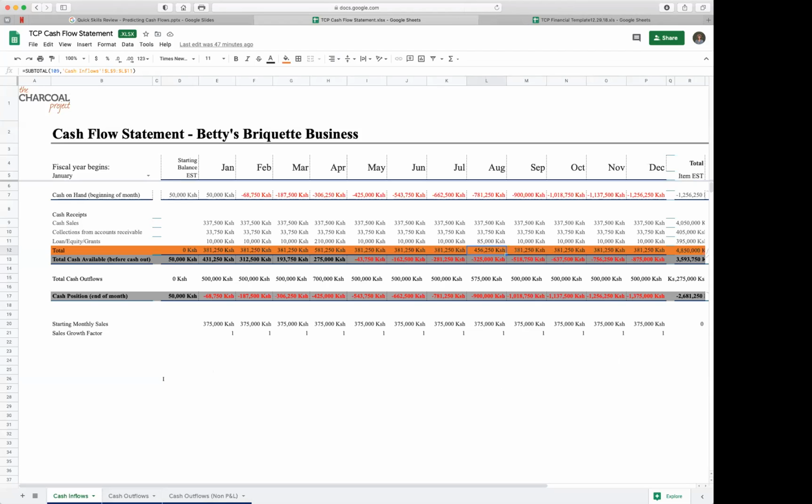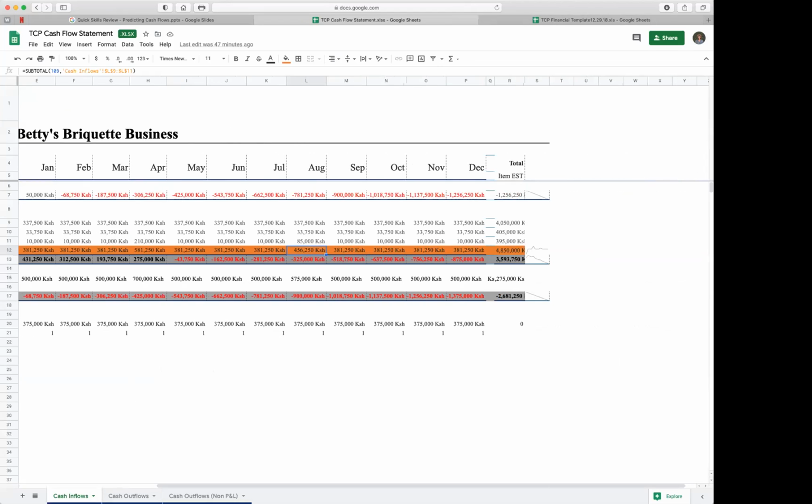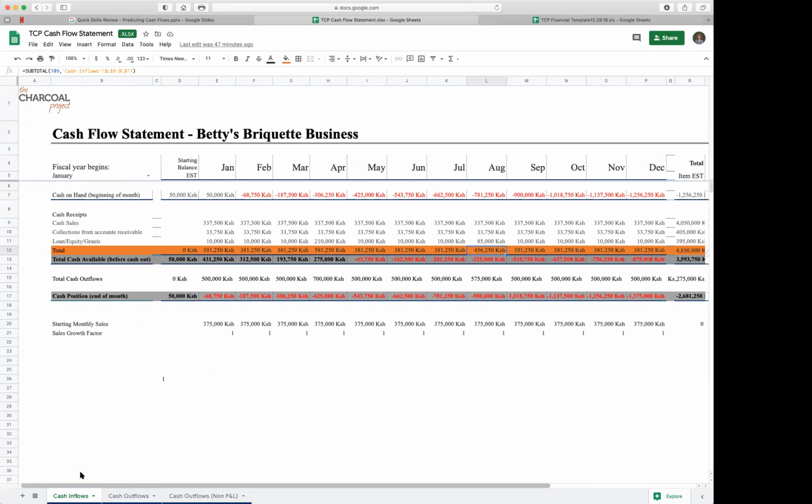a more simplified cash flow statement. As we just did in the presentation, it focuses on inflows and outflows, and then shows you a net cash balance. I've continued with Betty's briquette business, and you can see she's in fairly dire need of cash pretty soon after we get started.